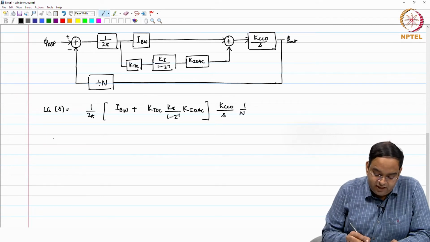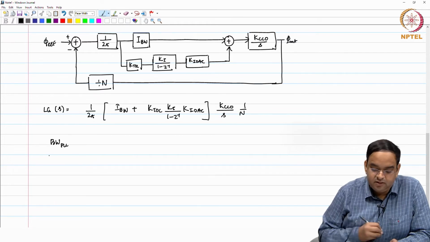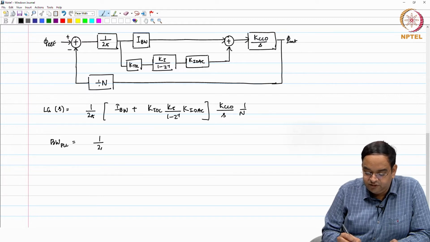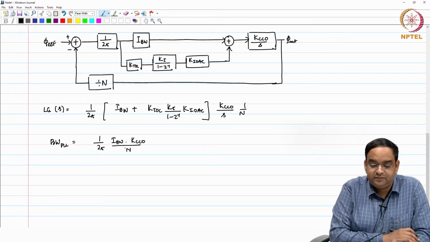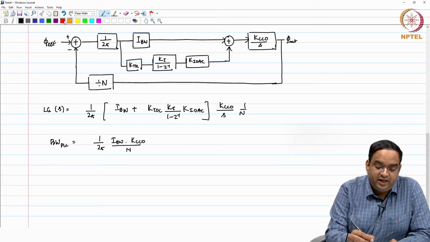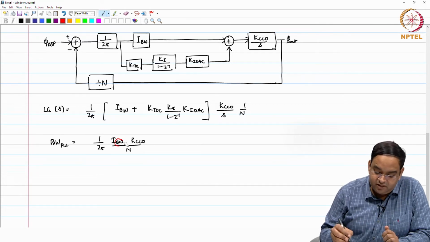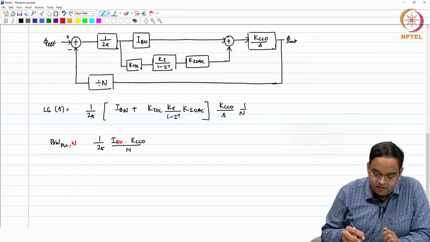So, the proportional path gain, or you can say the bandwidth of the PLL, in this hybrid analog-digital PLL, is 1 over 2 pi I bandwidth times K_CCO divided by N. Now, you may realize why I used the term I bandwidth initially, because that turns out to define the bandwidth of the PLL. So, this bandwidth of the PLL is as your omega.